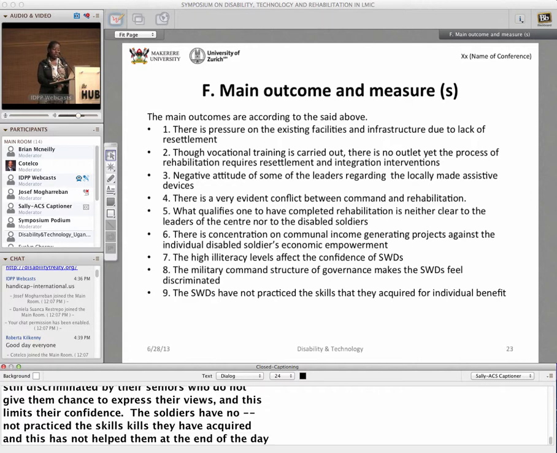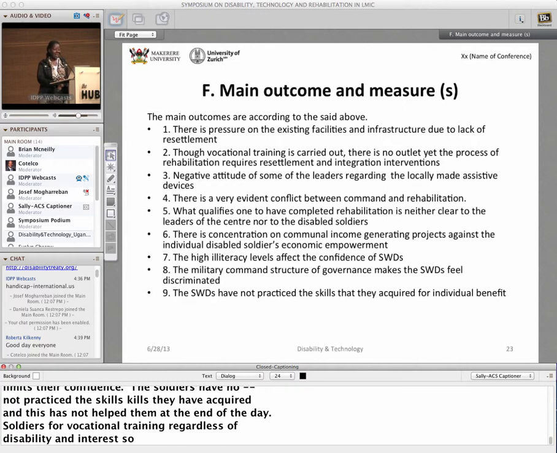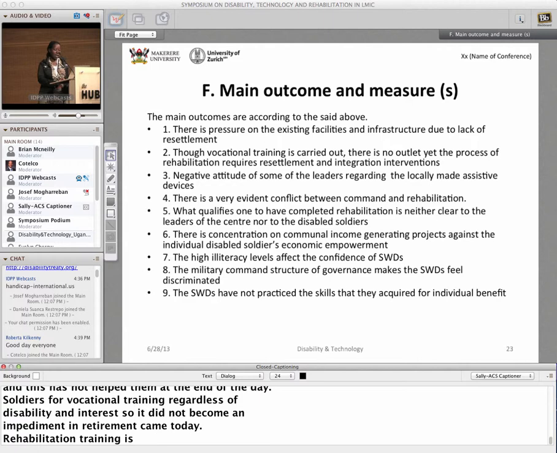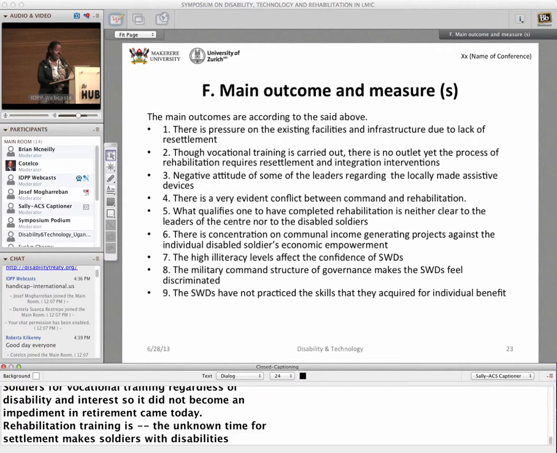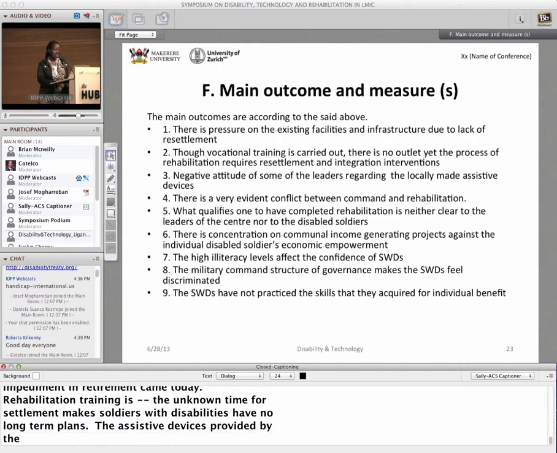Soldiers enroll for vocational training regardless of their ability and interest, so that it does not become an impediment in case retirement came today. So vocational training is a formality. The unknown time for resettlement makes soldiers with disabilities have no long-term plans. The assistive devices preferred by the leadership limit the soldiers' mobility.